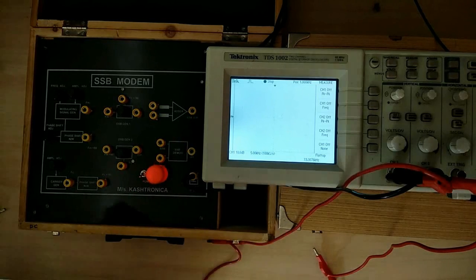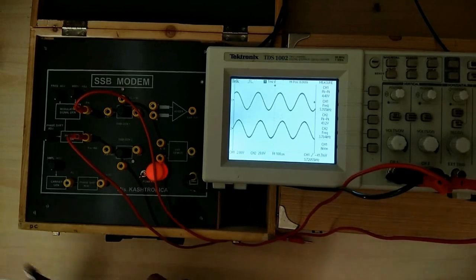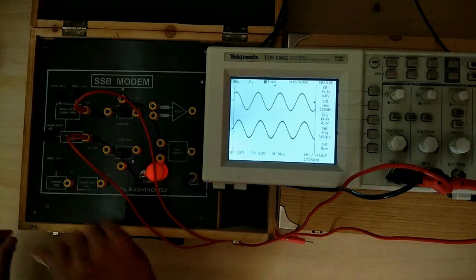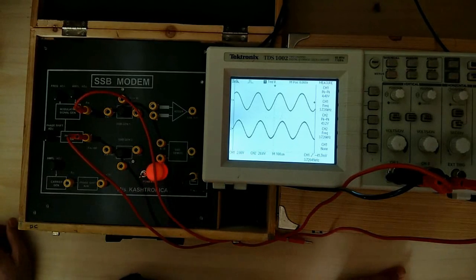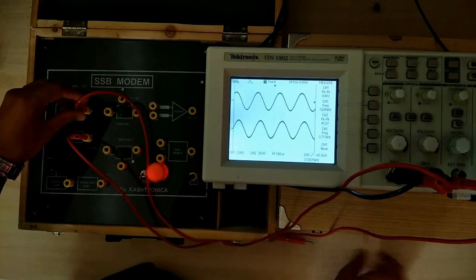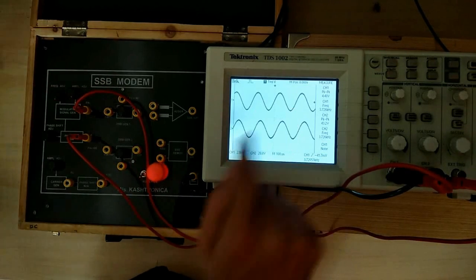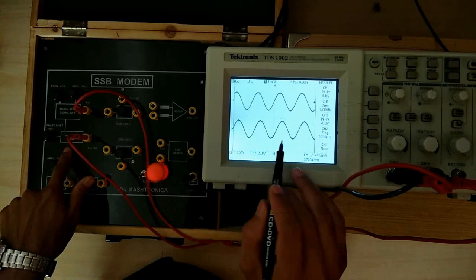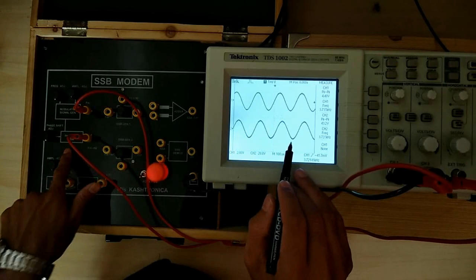So let us adjust our first message signal. This is my message signal in channel number 1, and this is my shifted message signal on channel number 2.